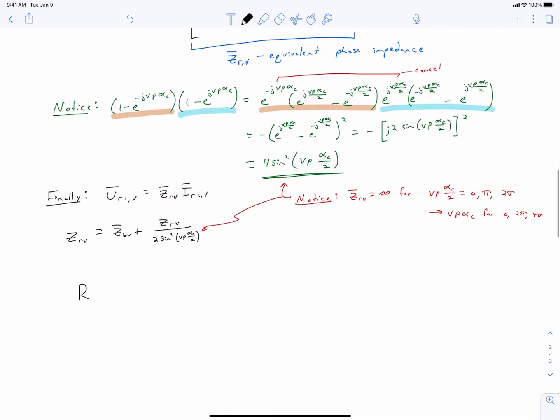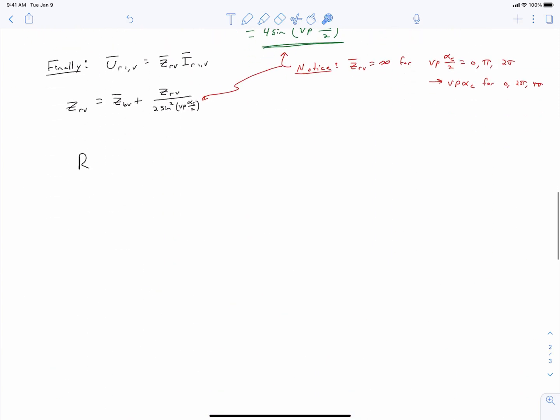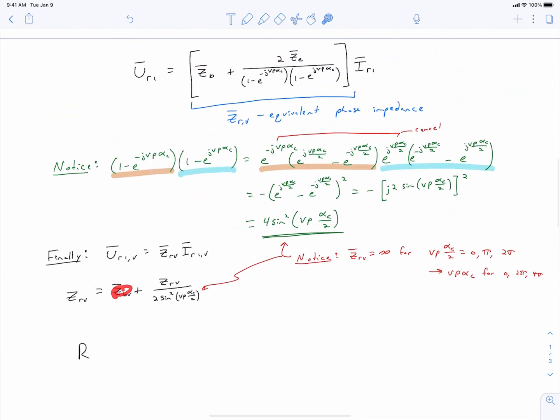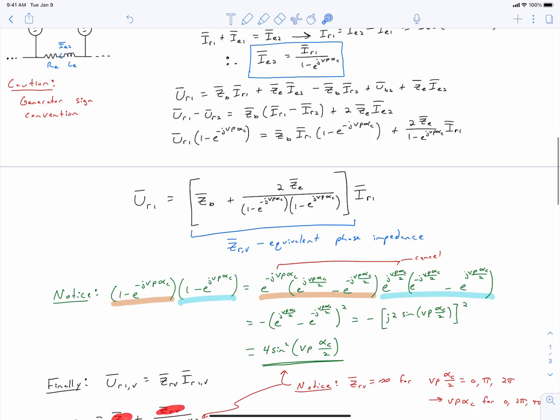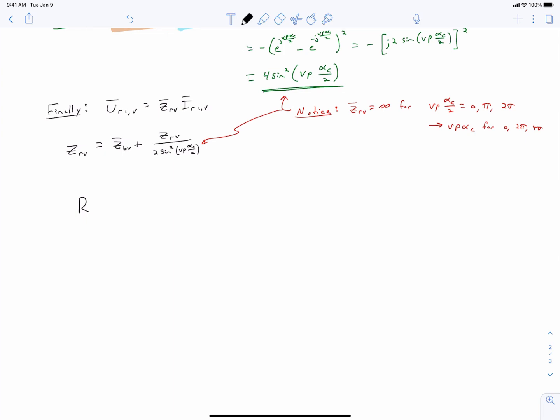So what we'll do now is we're going to go back to our definitions for ZB and ZE, and we're going to collect out the resistance terms and the inductance terms. So right now we've got a ZBV here and a ZRV here, so we're just going to plug back in these expressions and collect out our resistance and inductance terms so we can talk about the resistance and inductance separately.